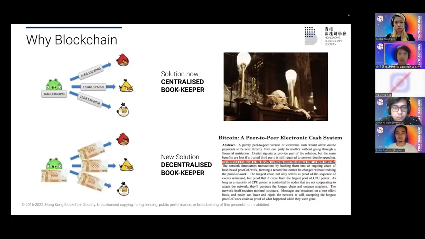In the past, people tried some solutions, and they happened to be centralized bookkeeping solutions. Bitcoin, for the first time ever, proposed that there is a peer-to-peer way to do it. Essentially, it's a decentralized bookkeeper. The problem with centralized bookkeeping is that the bookkeeper would be able to know everyone's transactions.